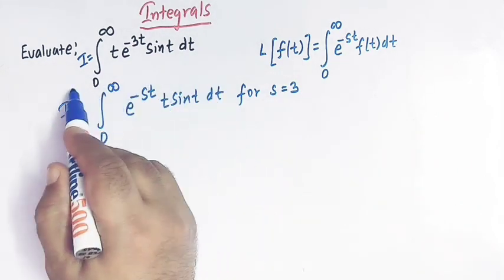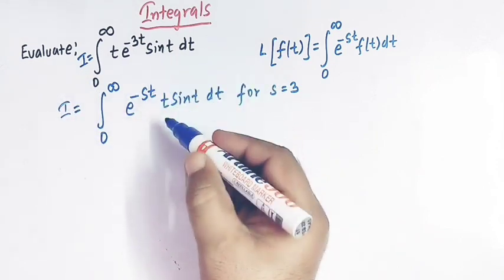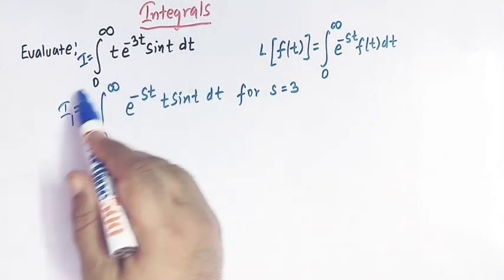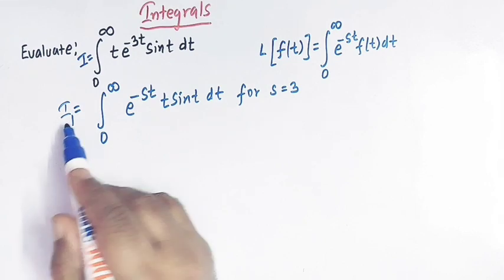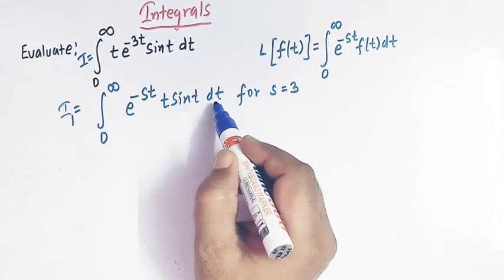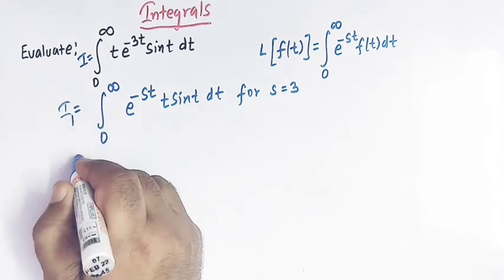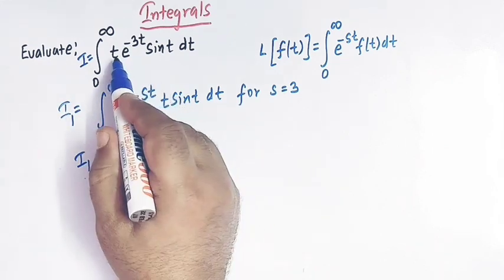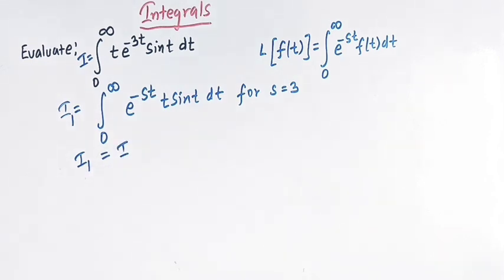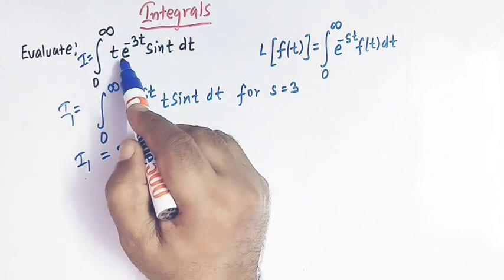So if we consider this integral, right, so here we can differentiate these two integrals by writing this integral as I1, right? So if we let this integral I1 as 0 to infinity e raised to minus st t sine t dt, and for s is equal to 3, this integral I1 reduces to our original integral I, right?